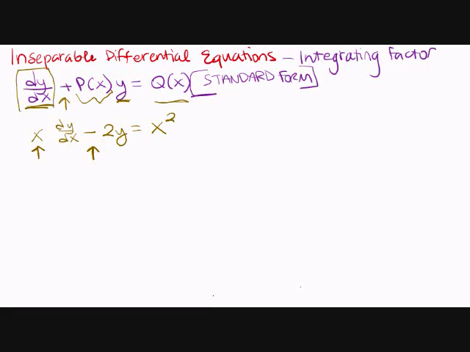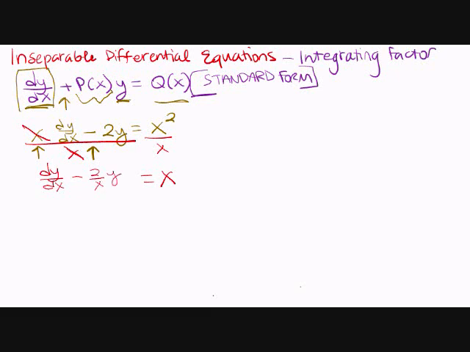So first step, we're going to divide both sides by x. On this side, x squared divided by x is just x. On this side, those cancel out, so we have dy/dx minus 2 over x times y.